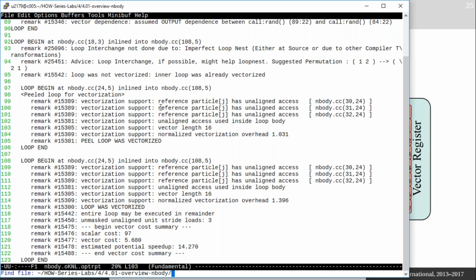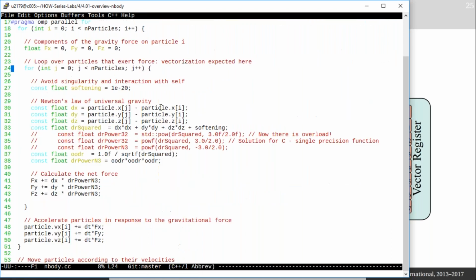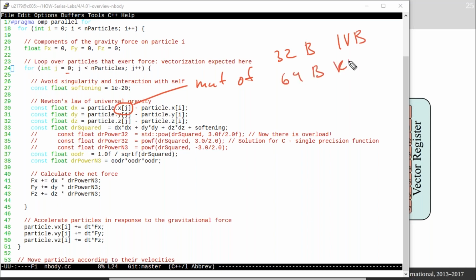The peel loop has to appear because the compiler is trying to optimize the code for aligned data accesses. When we are starting to read this array from J0, ideally, we want it to start on a multiple of 32 bytes in the case of the Ivy Bridge architecture, or 64 bytes in the case of KNC and KNL.